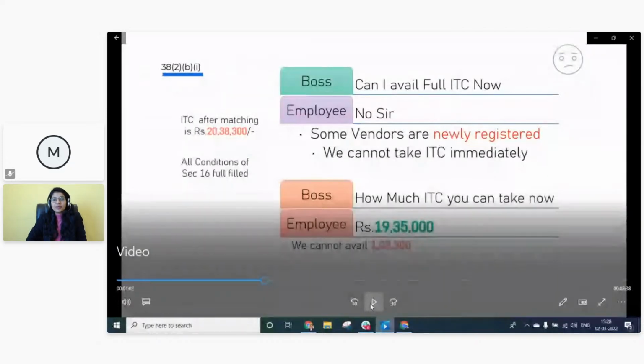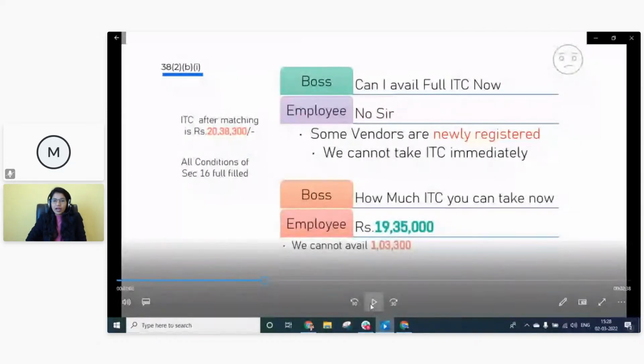So again, there was a person who says, okay, now finally I can avail all the ITC. But then this section 38 comes into the picture, and what exactly does section 38 talk about? It says that there are some vendors who are newly registered, so you cannot claim the ITC immediately. That is what section 38 says.